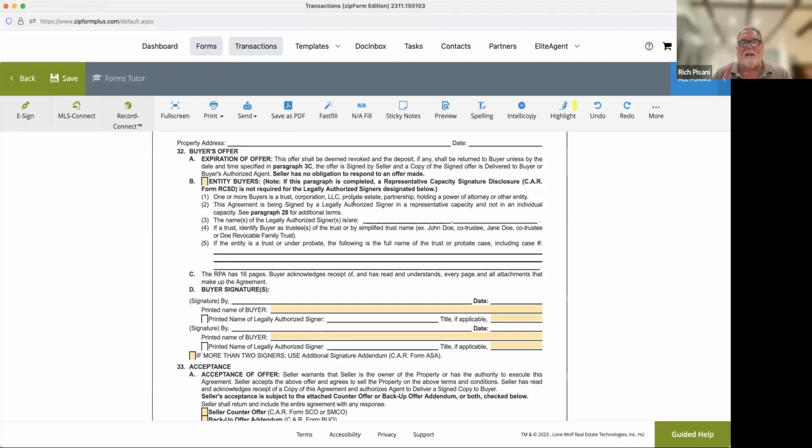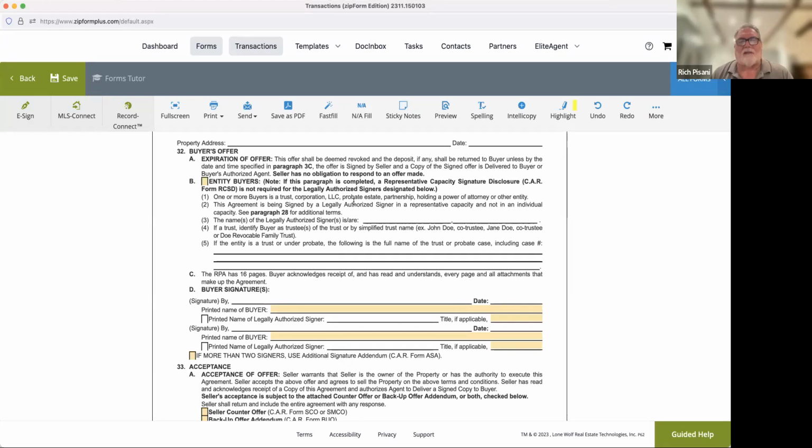The name of the legal authorized signer is, so if it's a trust, it would be John Doe, trustee or co-trustee. You can see the examples there below it. And then if a trust, identified buyers, trustee, and so on.